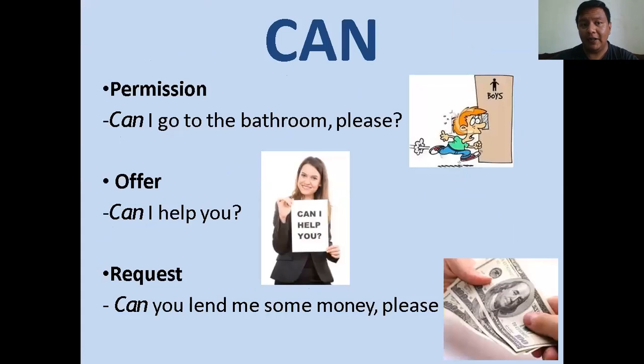We have can in order to ask for permission, to make an offer, and to make a request. For permissions, when you need to go to any place, when you need to do something, you're going to use can.